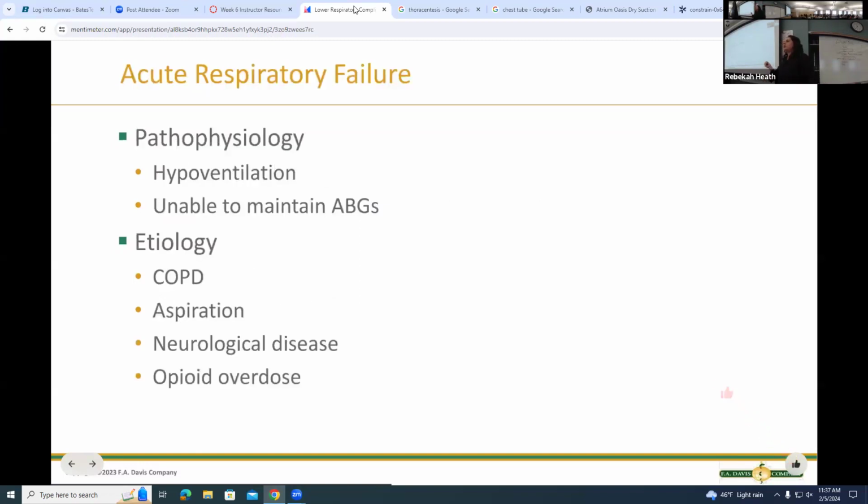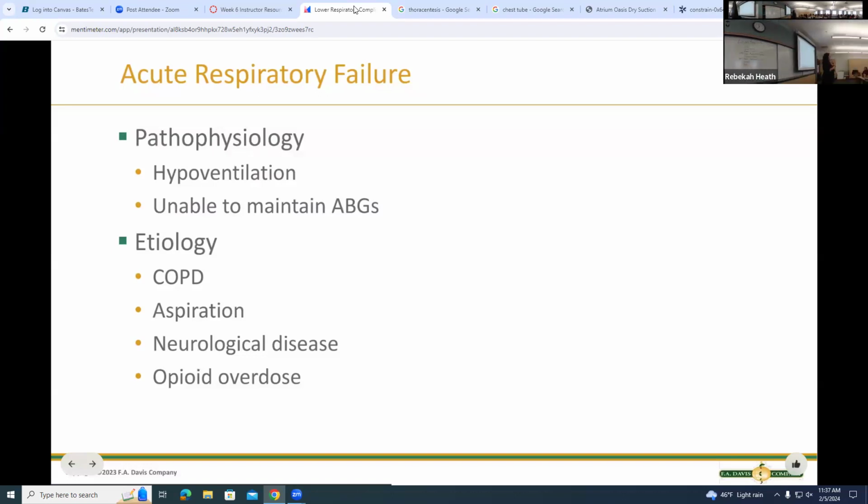So acute respiratory failure. This is when somebody comes in, usually they come into an ER or urgent care and they can't breathe very well and they deteriorate pretty quickly. This usually, I would say somebody with our COPDs, or somebody like in a nursing home who aspirated and they just have sudden respiratory failure where they just cannot manage maintaining their airway or maintaining their oxygen saturations.